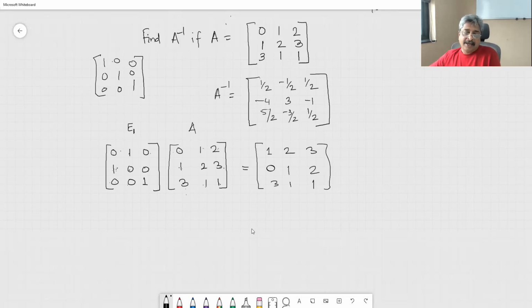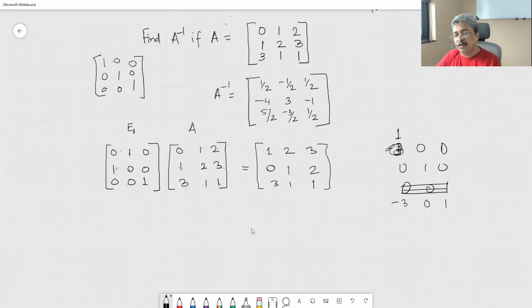Multiply the first row by minus 3 and add it to the third row. So it becomes minus 3, 0, 1.